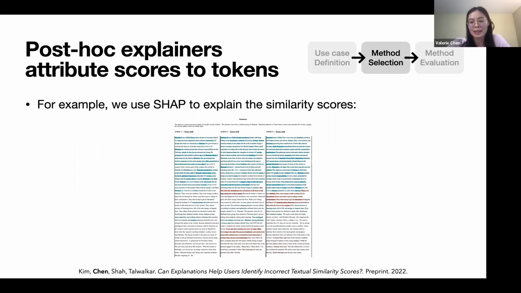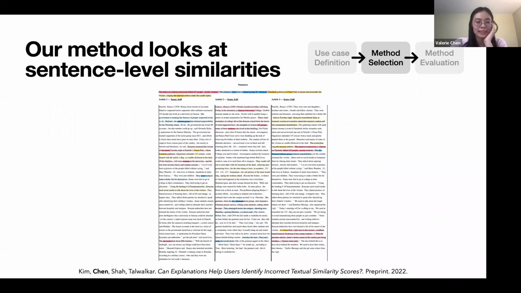And if the goal is to help somebody do this task better or faster, this certainly would not be the way. So I won't go into detail here, especially given the time, but we developed a use case specific method that looks at sentence level similarities and comes up with highlights that way for each of the candidate articles with the summary text.